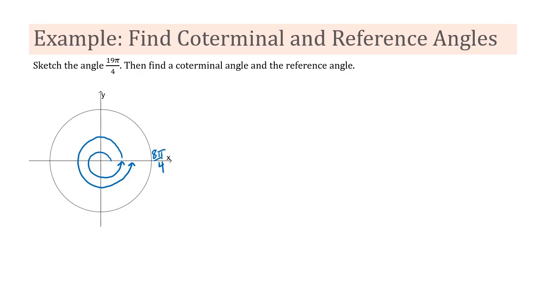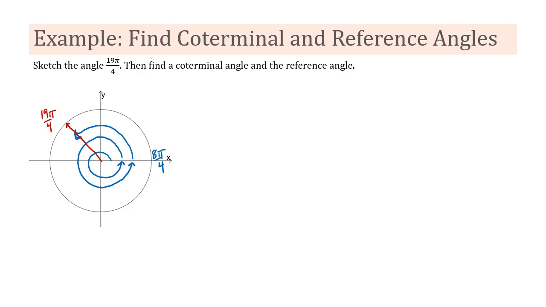And I can't go all the way around again, but I can go another 3 pi over 4. That puts me into the second quadrant, and that should be where 19 pi over 4 is. So 19 pi over 4 is in the second quadrant.